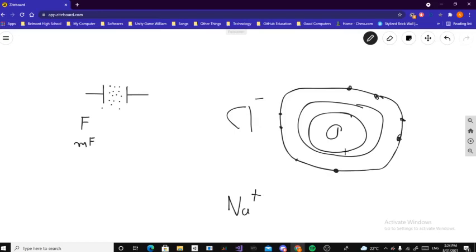Chloride gains an electron to become negative, and sodium loses an electron to become positive. Same way, we have a shell, and it loses an electron to become more stable. And sodium chloride, you've probably heard of it before, that's table salt. You put them together, you get table salt crystals, little lattices.